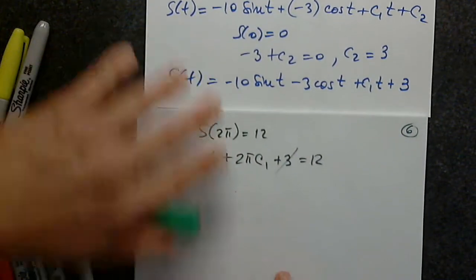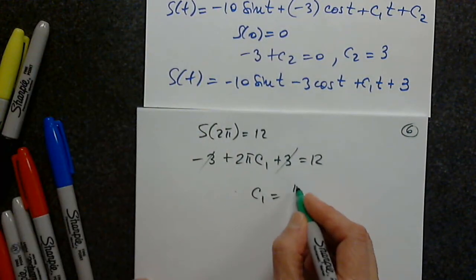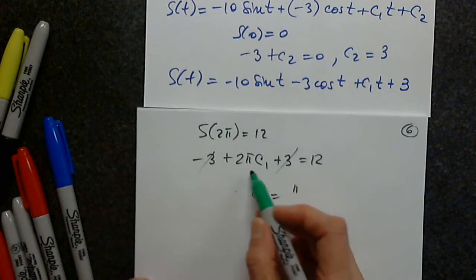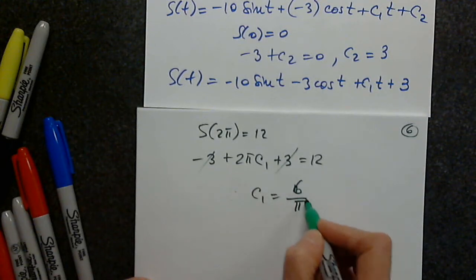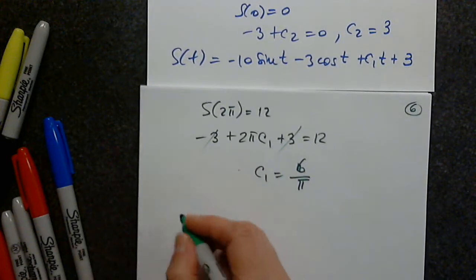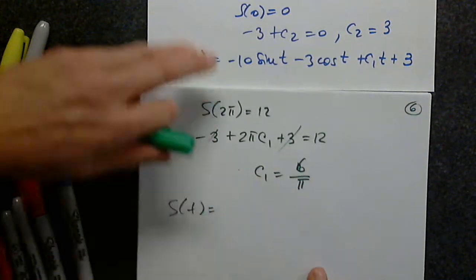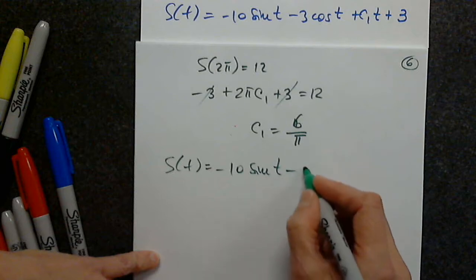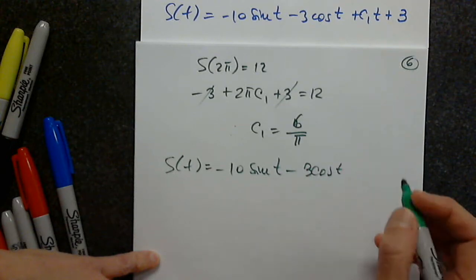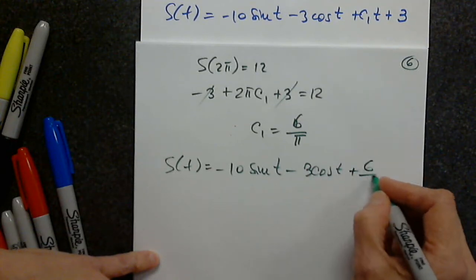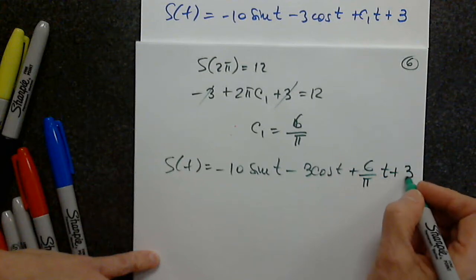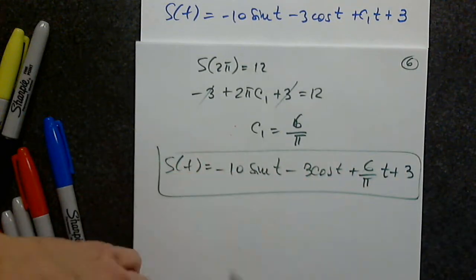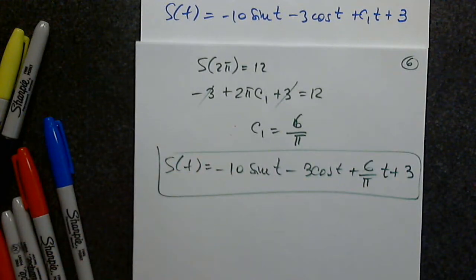So c1 equals 6 divided by pi. Very good. So then s of t is negative 10 sine t minus 3 cosine t plus 6 over pi t plus 3. Are we okay with this, everyone?